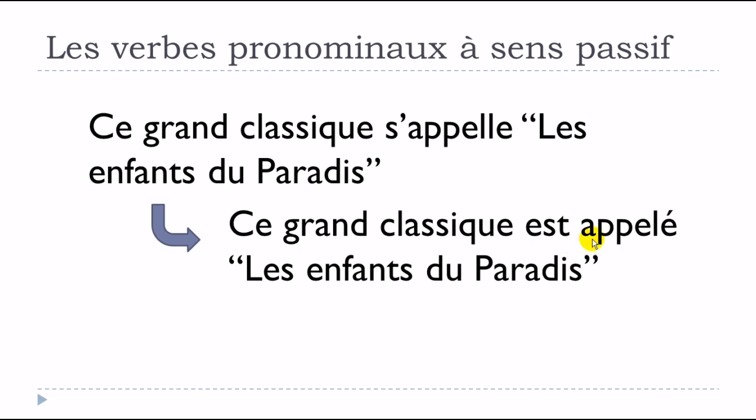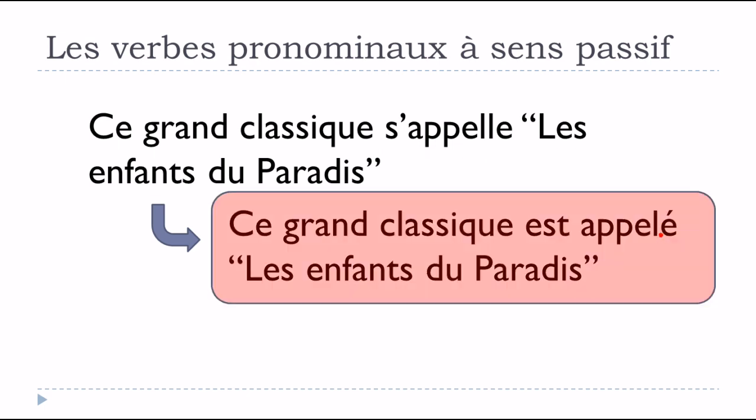You just have this form non pronominal, so appeler. And it's possible to use it at the passive form. Est appelé, is called. Okay, so it would be possible in that case, and the good thing is that, in this situation, you can use this verbe pronominal s'appeler instead of using the passive form est appelé. Okay, so it can be quite useful in some cases.